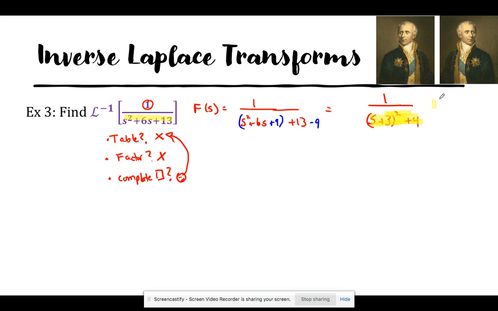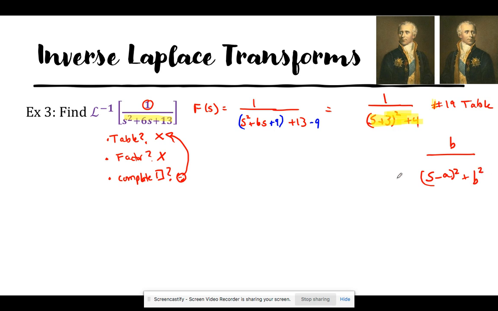So let's see if we can manipulate it ourselves. Number 19 from the table looks like this: b over (s minus a) quantity squared plus b squared.